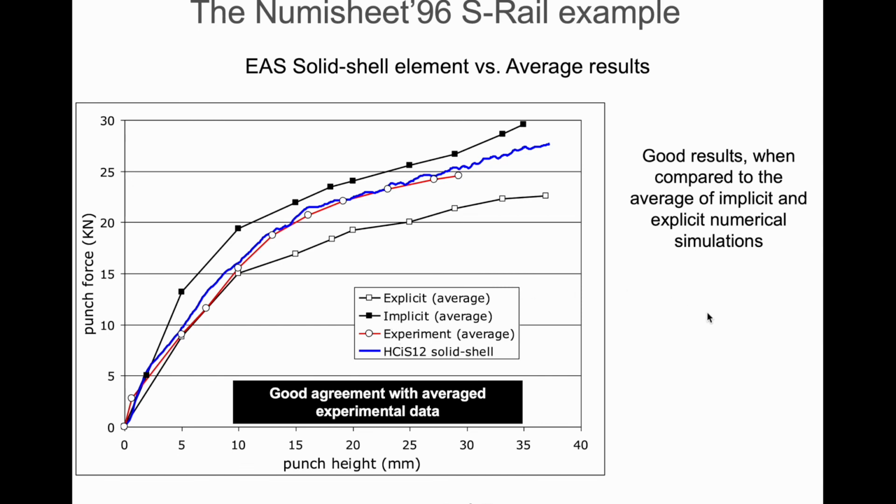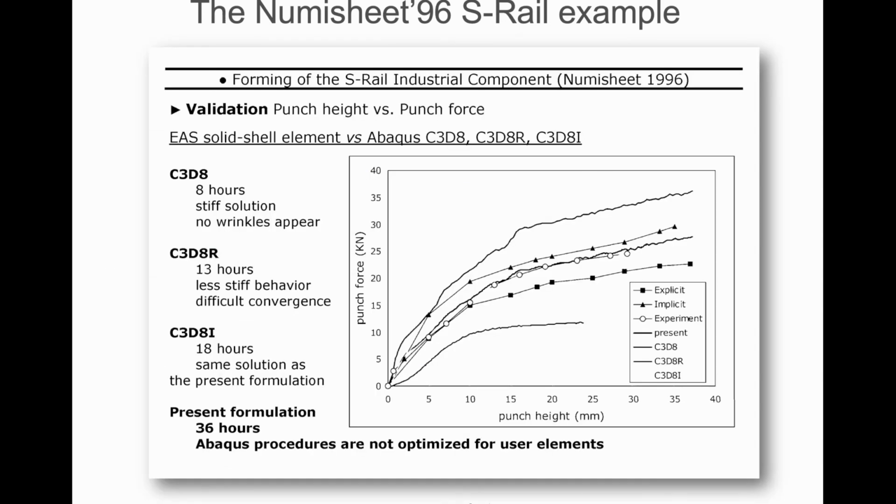This is something that we're still going to talk about in these classes: implicit and explicit versions of finite element codes. But of course, if you think about the computational time, you can see that C3D8 takes 8 hours. The C3D8R should be faster because it's reduced integration, but it takes more iterations on the nonlinear analysis. We are also still going to discuss the nonlinear algorithms, but it needs more iterations to get convergence.